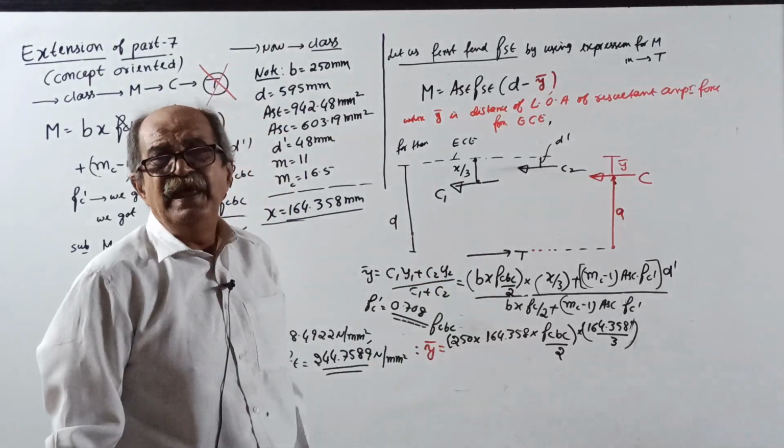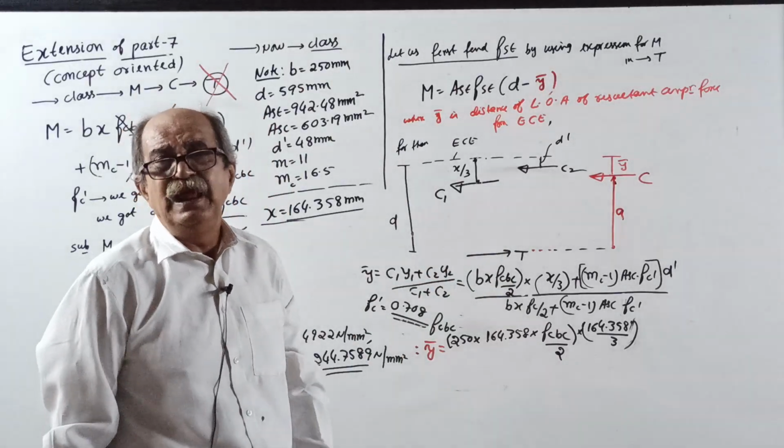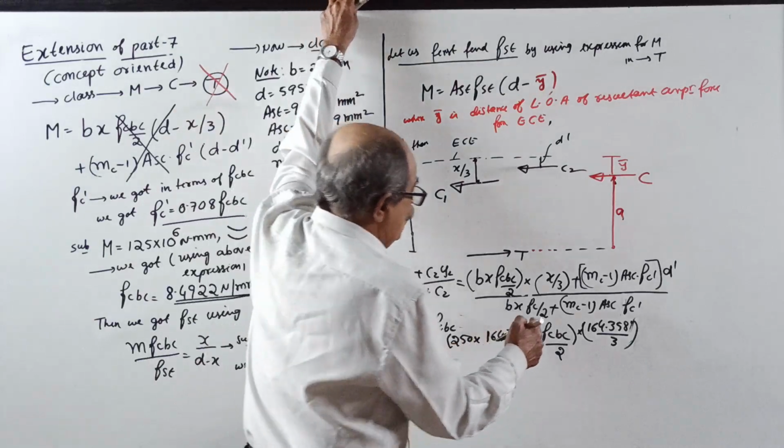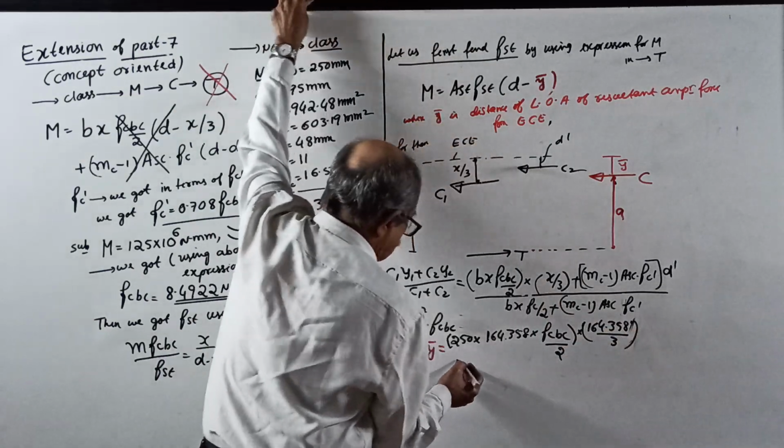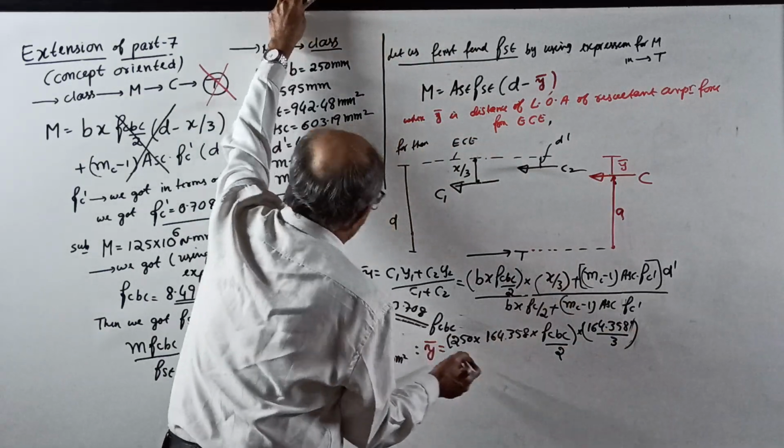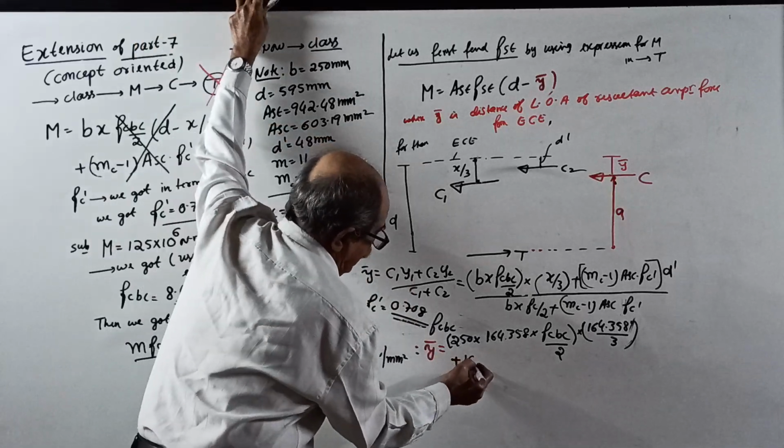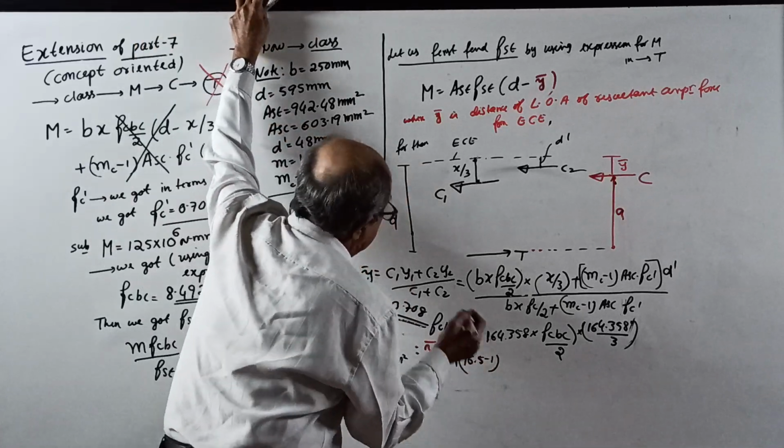See, when I know the stress in concrete is linearly varying, the by 2 should come into x by 3. Plus mc minus 1, 16.5 minus 1 into asc.